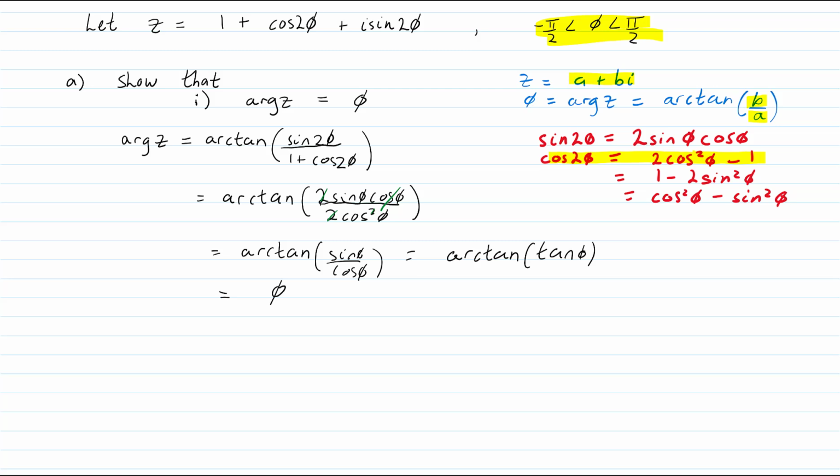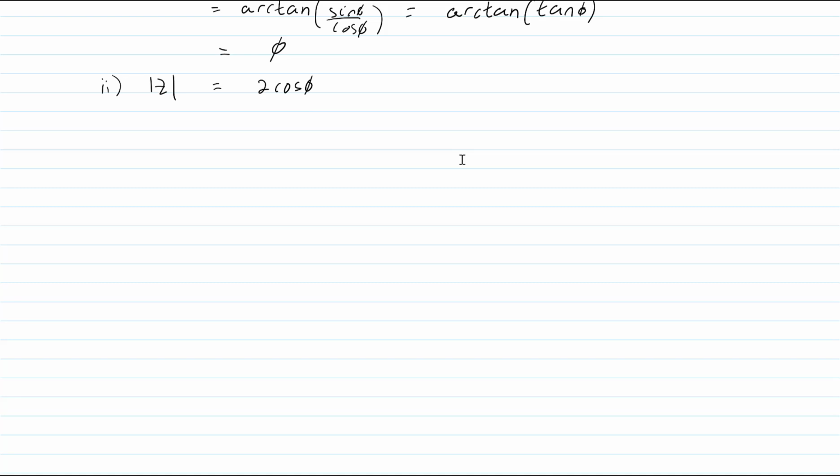Now for part 2, we have to show that the modulus of z is equal to 2 cos theta. Okay, so what we can do is we can just apply the formula for modulus. So that means the modulus of z is going to equal the square root of 1 plus cos 2 theta, squared, plus sine 2 theta, and that will all be squared as well.